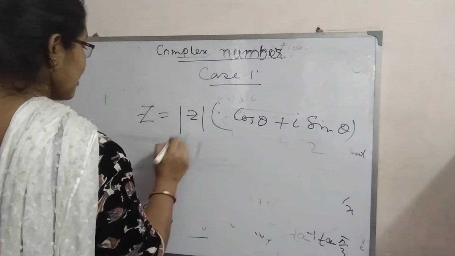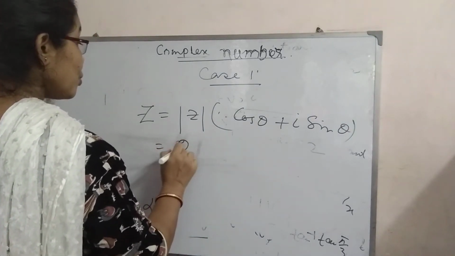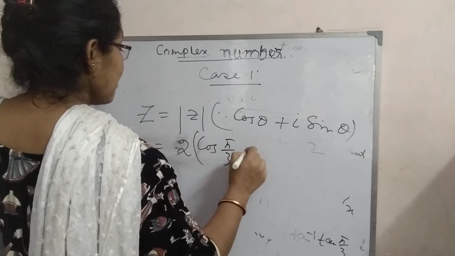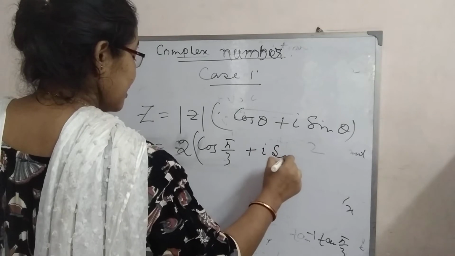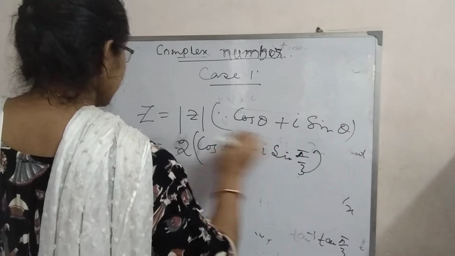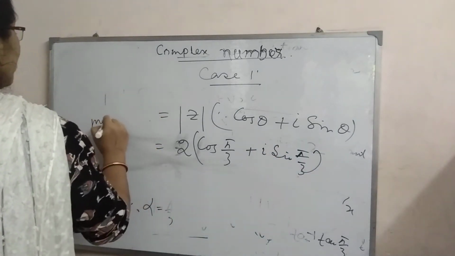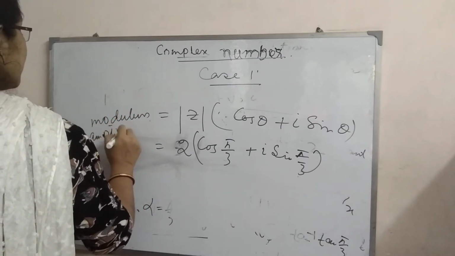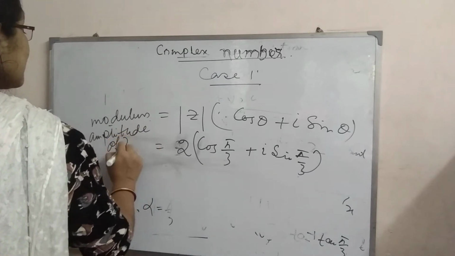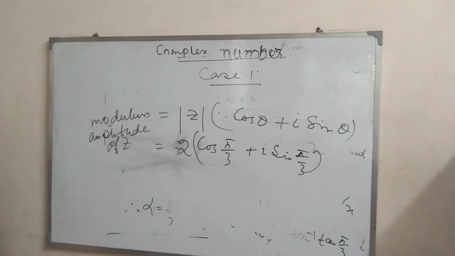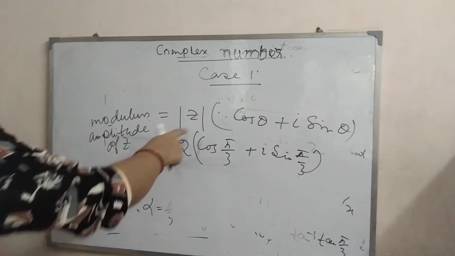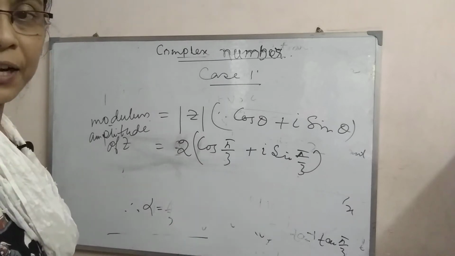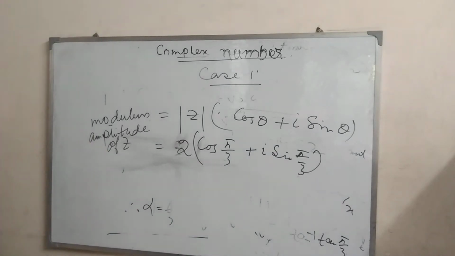So this is equal to 2 times cos pi by 3 plus i sin pi by 3. This is the modulus amplitude form of z, mod z equal to 2 and theta equal to pi by 3.